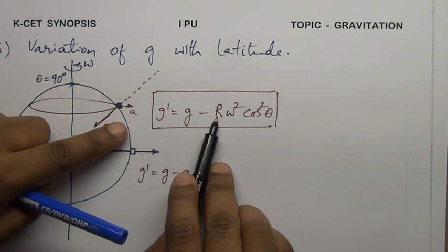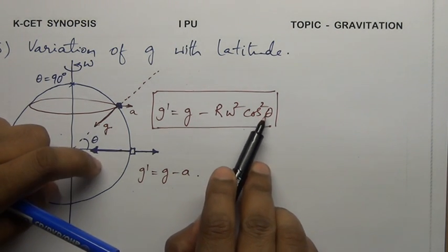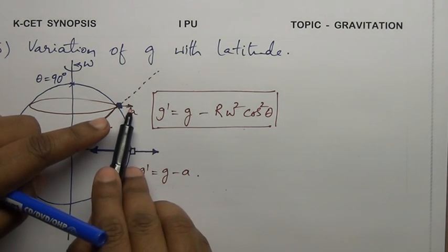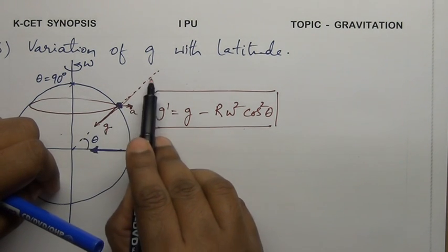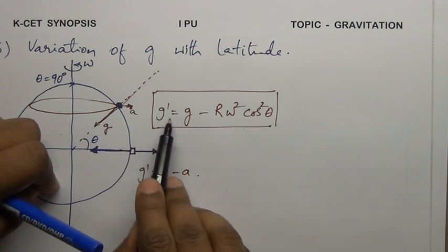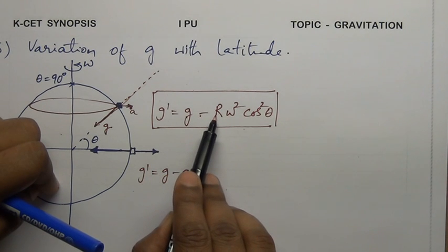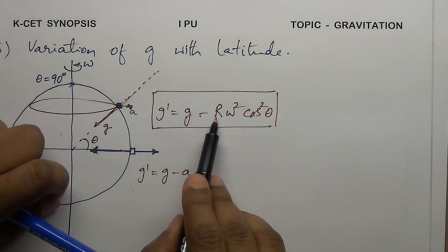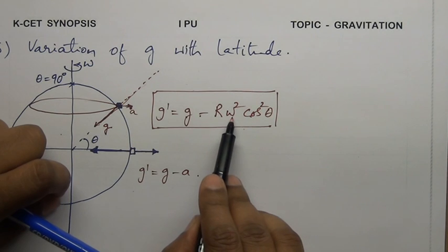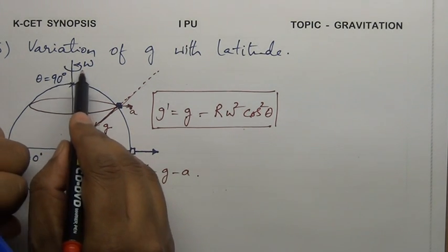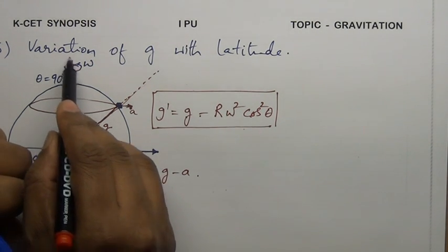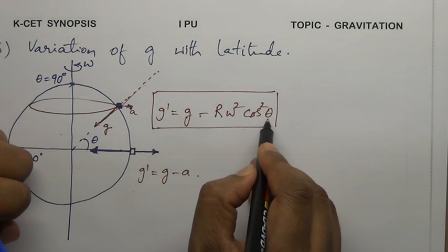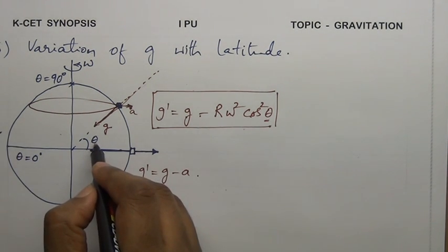This second term R omega square cos square theta is due to the component of this centrifugal acceleration in this direction. Okay, when we simplify that, we get g minus R omega square cos square theta, where R is the mean radius of the earth, omega is the angular frequency of rotation of the earth about the axis, and theta is the latitude.